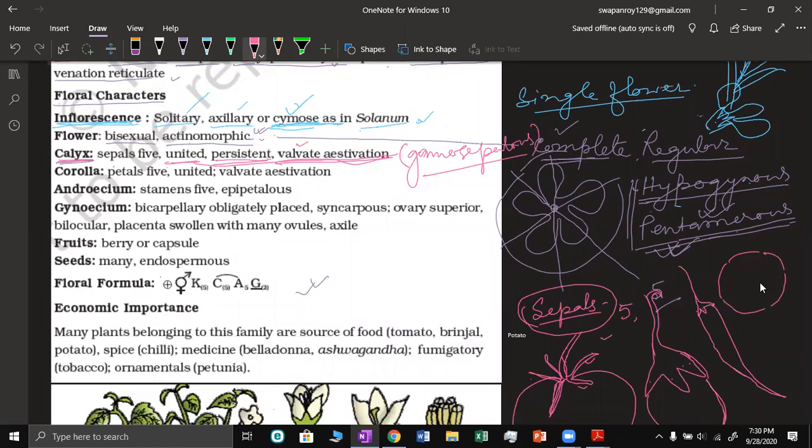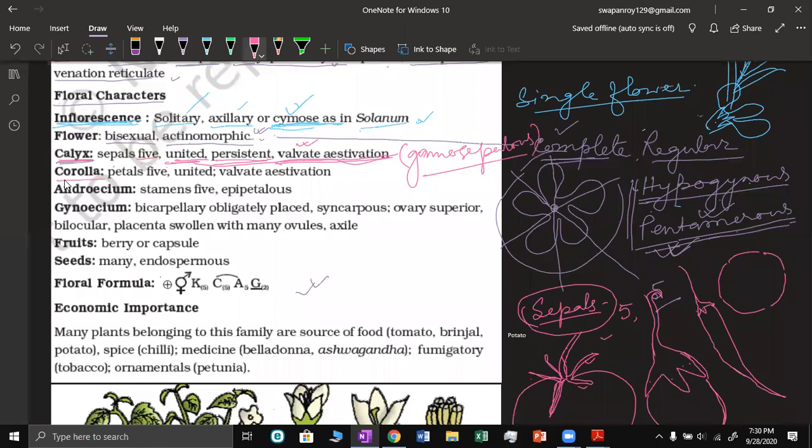They do not overlap. So it is valvate estivation. This is an important term. And here you will not forget the number of sepals, united gamosepalous, and persistent. These are the 4 important characters.